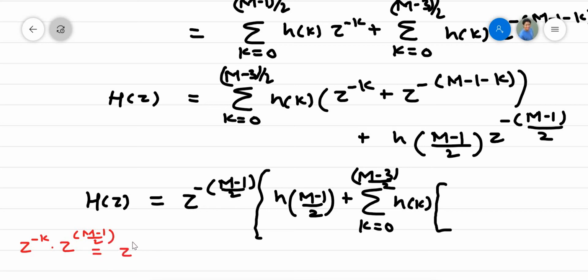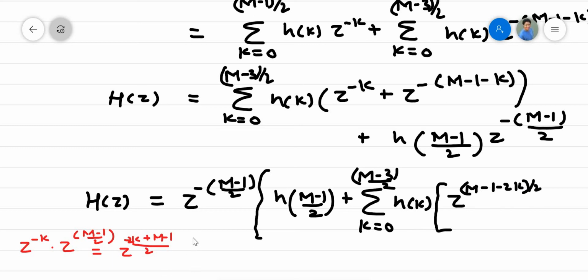So it will be z^(-k plus (M minus 1) by 2), that is (M minus 1 minus 2k) by 2. So we can write this as z^((M minus 1 minus 2k) by 2).